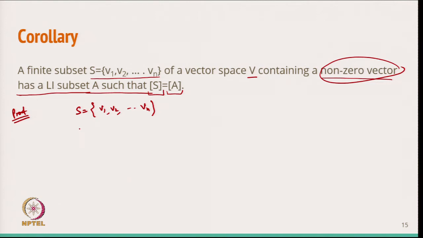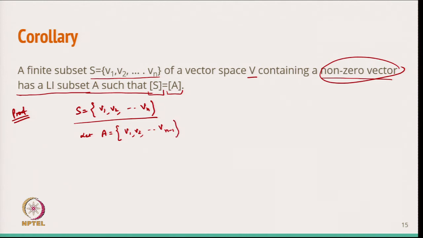So what we are going to discuss here is, let me take a subset A. That subset contains a few vectors, so maybe I just take V1, V2 up to Vn minus 1.